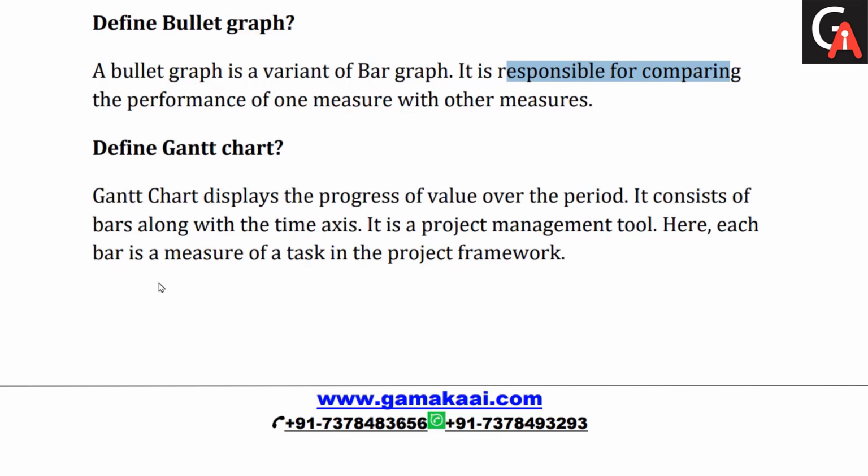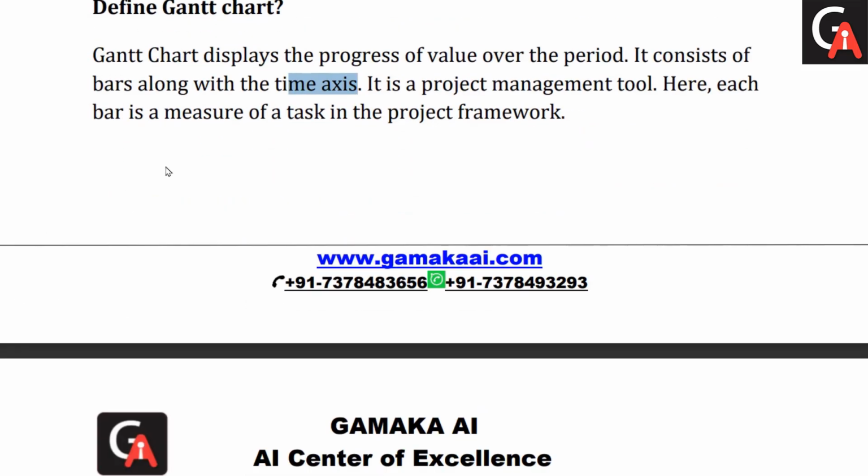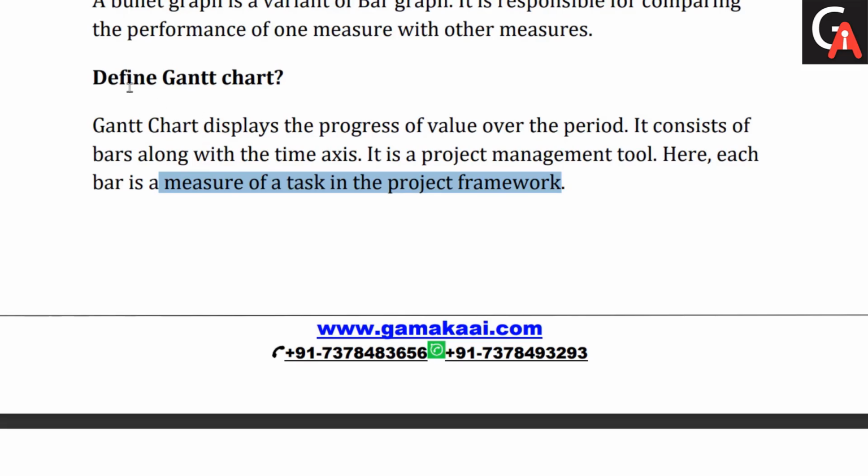Next, define Gantt chart. The Gantt chart displays the progress of values over a period. It consists of bars along with a time axis. It is a project management tool, where each bar is a measure of a task in a project framework. Basically, the Gantt chart is a tool where you can analyze how your progress is going.